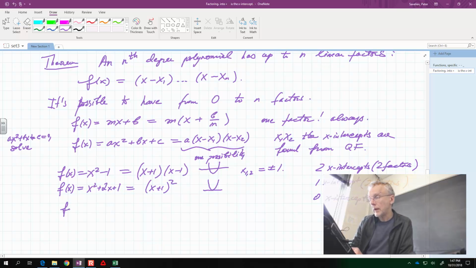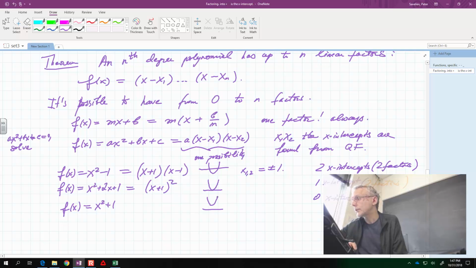So f of x, as an example, what? A quadratic polynomial that does not cross the x-axis or touch it. Well, you take the parabola and push it up, so x squared plus 1. So it will look like this. No x-intercepts.